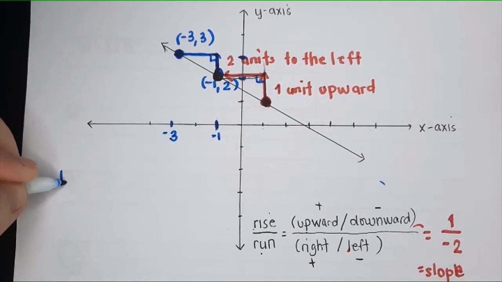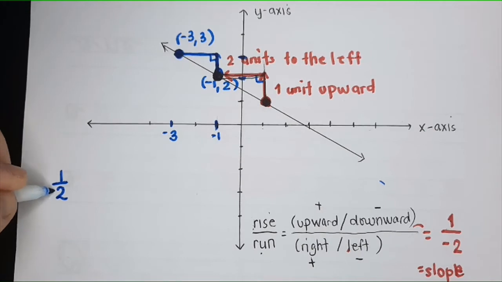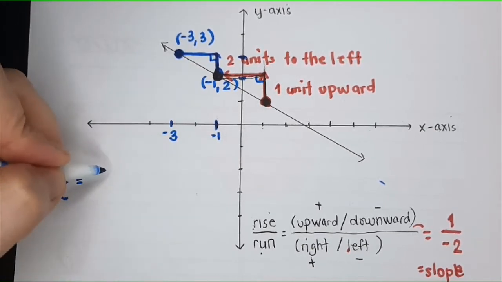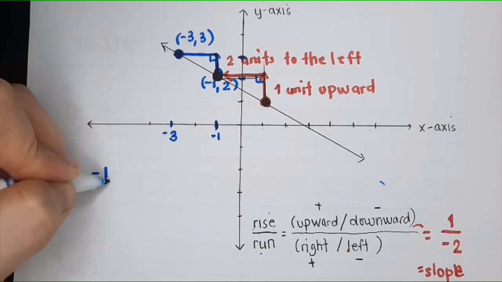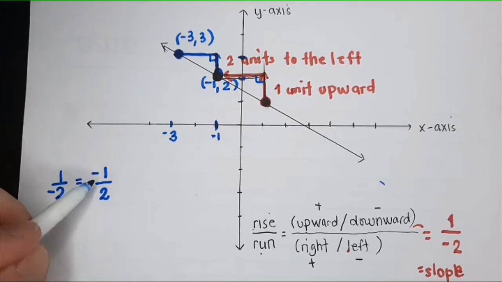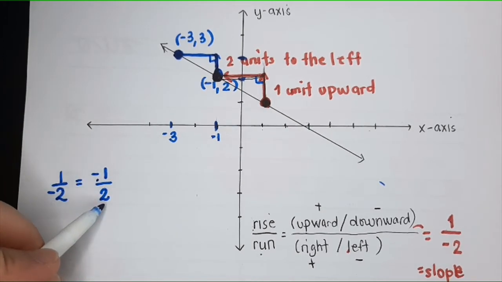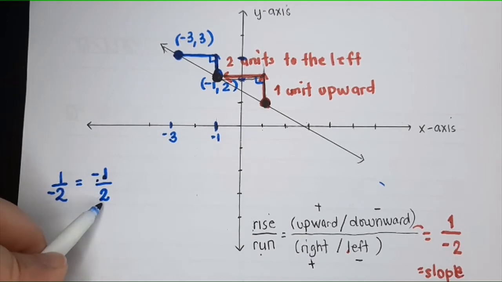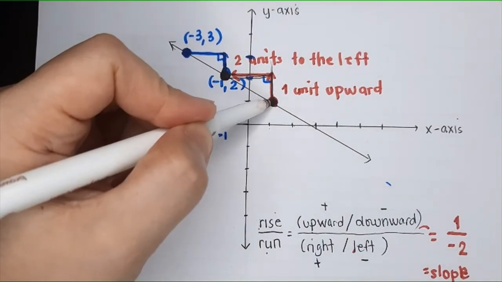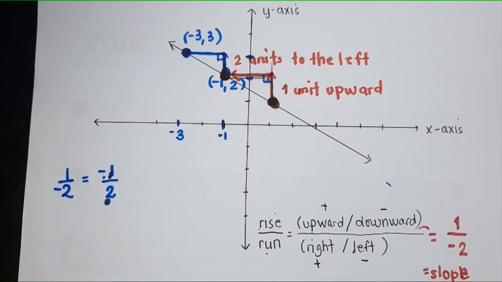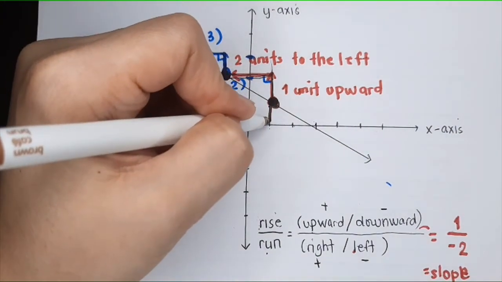Okay? Isa pa. Let's get another point. Di ba kanina sabi ko sa inyo, your 1 over negative 2 can be written as negative 1 over 2. Right? So, pwede pa lang negative 1 over 2. So, ibig sabihin, 1 unit downward, tapos 2 units to the right. Gawin natin yon. Let's consider this point. Let's have 1 unit downward. So, here.